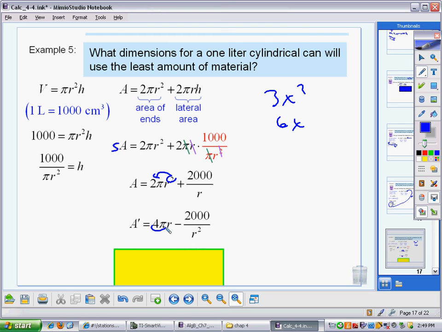Okay, we good? After you take the derivative, you set it equal to 0. Did I set it equal to 0? I don't think I did. There it is, 0. What do we do now? Solve for R. My philosophy is to bring this to the other side, but you can do it however you want.